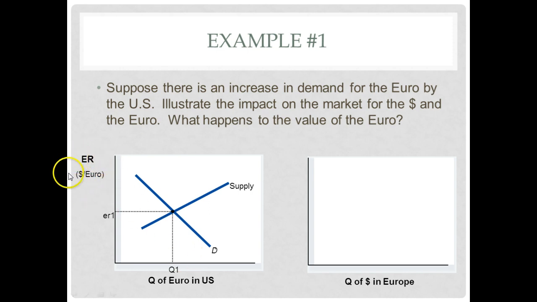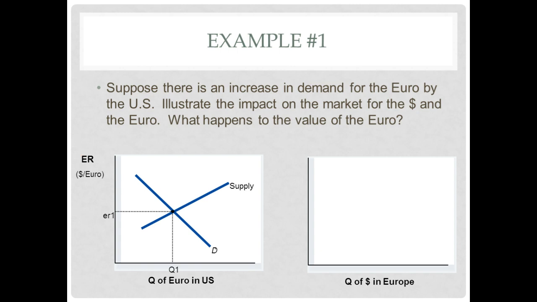So our exchange rate, or our price, essentially, for the euro is the number of dollars that we get for the euro. By the way, you can label that generically ER1, or exchange rate 1, but I always want to make sure it's clear that you label at least once, that you understand what this really means. The exchange rate is the number of dollars that you get for a euro.